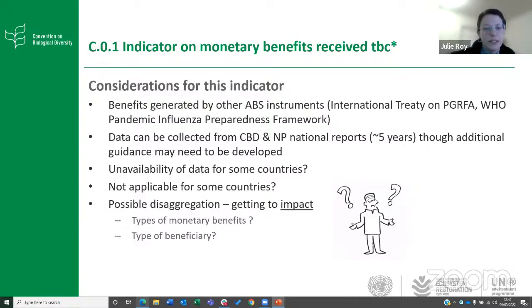So these are some things that would help, at least from our perspective, in trying to get to that local level of impact, which is where the convention's logic of contributing to conservation and sustainable use of biodiversity could be gleaned, at least through this indicator. Next slide, please.